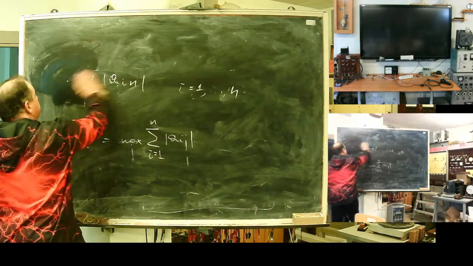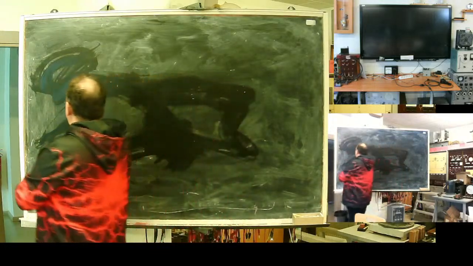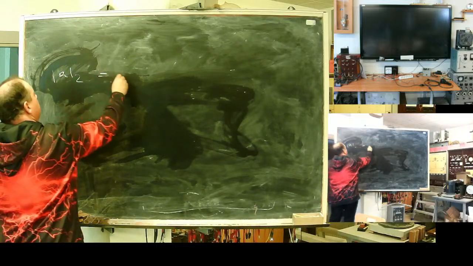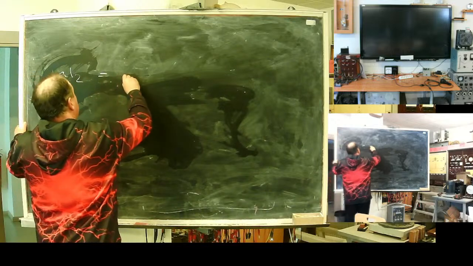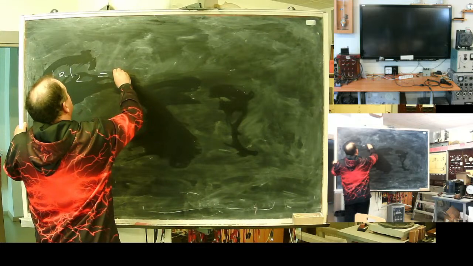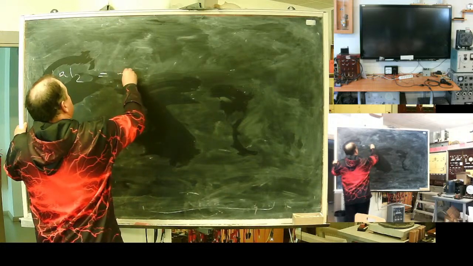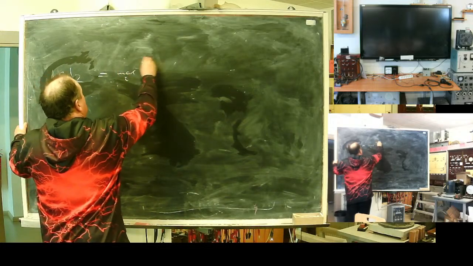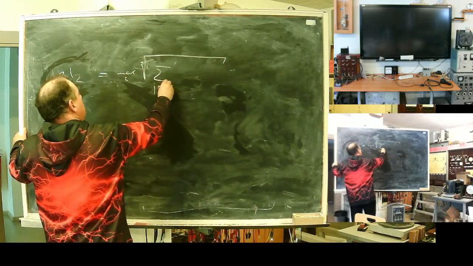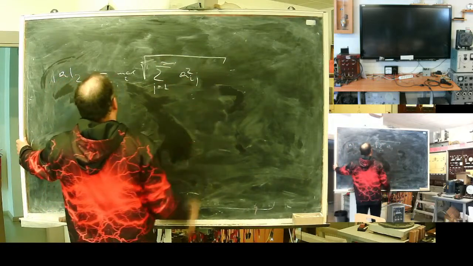Or, for example, the second norm will be the square root of the sum from 1 to n of a_ij squared.